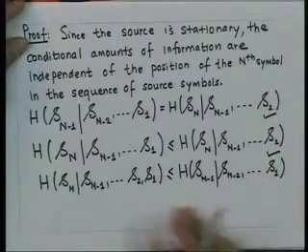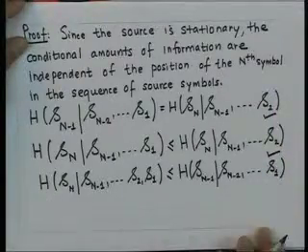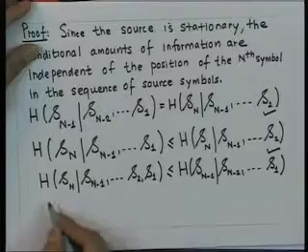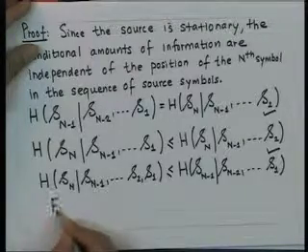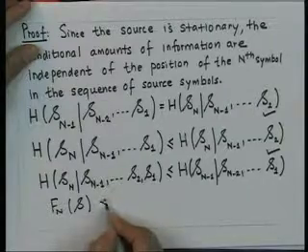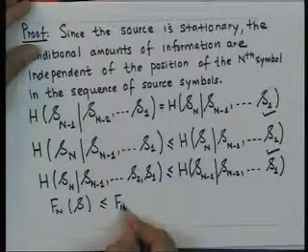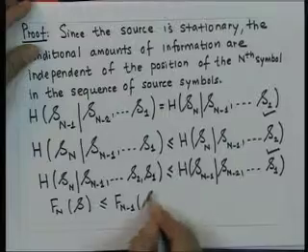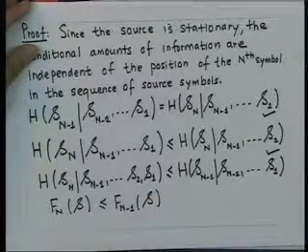So, using these two properties I get this. This is by definition nothing but Fn(S) is less than or equal to F of n minus 1 (S).